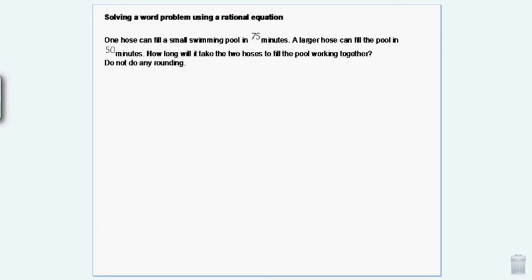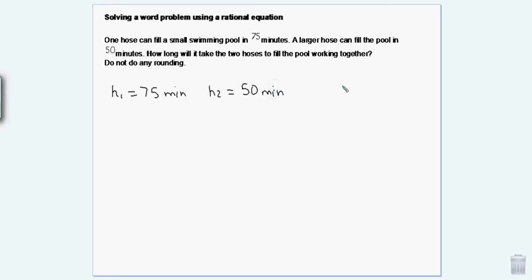Okay, for our next problem, we're going to solve a word problem using a rational equation. So we have one hose can fill a swimming pool in 75 minutes. So we're going to do hose 1, that's 75 minutes. And hose 2 can fill the pool in 50 minutes.